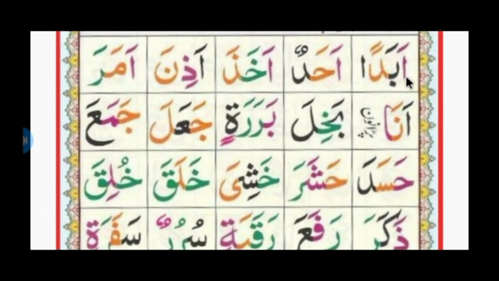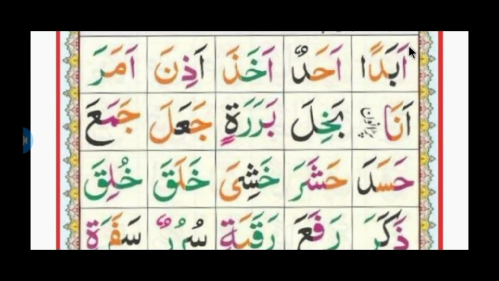As usual, you know the Hamza and Alif difference: if Alif has any symbol except Mad, then that letter Alif will be called Hamza. So we will read this letter Hamza because it has Fatha on it.